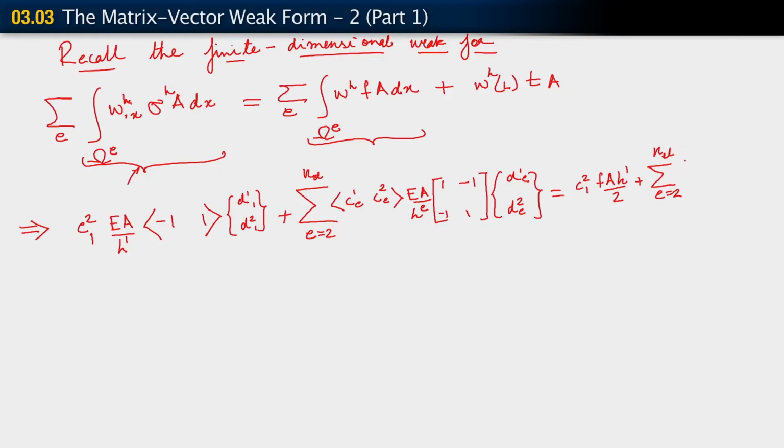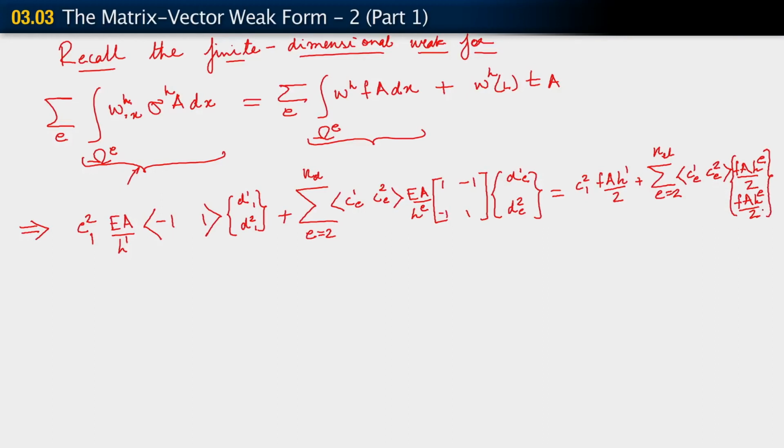That summation gives us C1e, C2e, F A HE over 2, and we have F A HE over 2 again. Okay, there we go. That's complete.